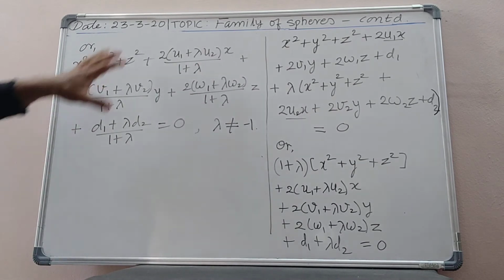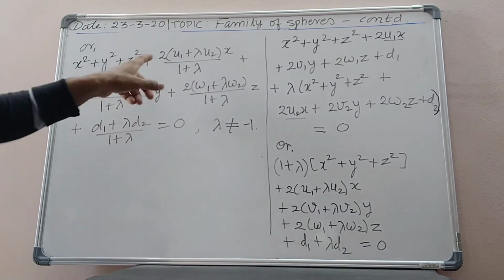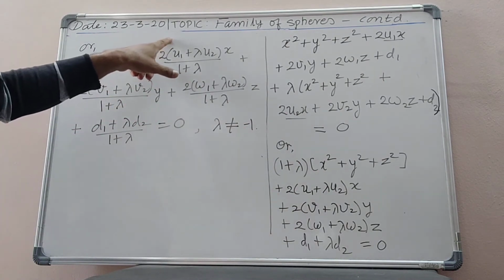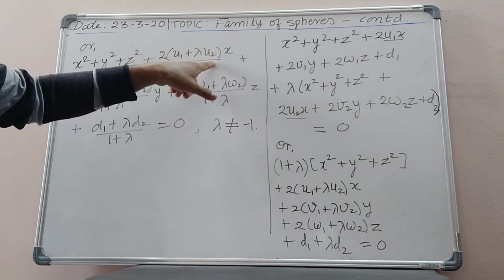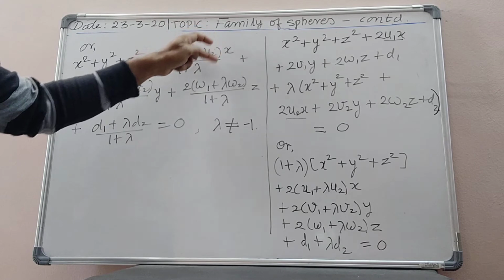Once you have the equation in this form, it's not difficult to write down the center. This is 2 times u, so the center will be just minus of this thing.